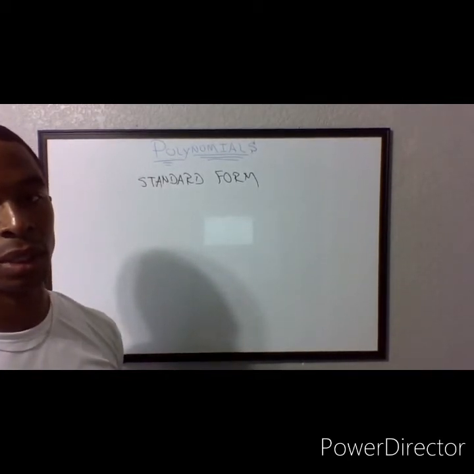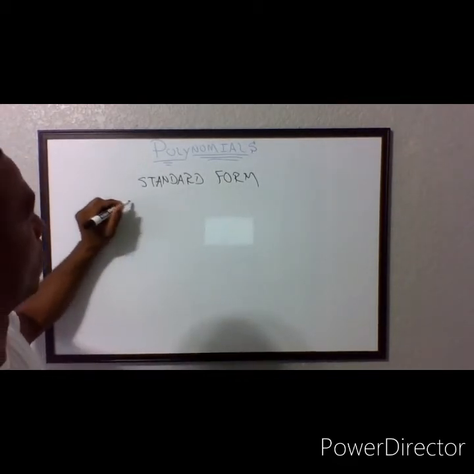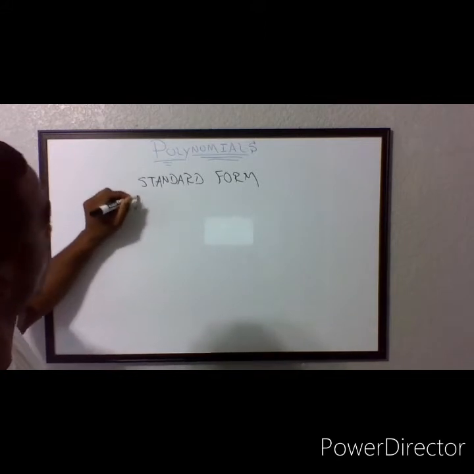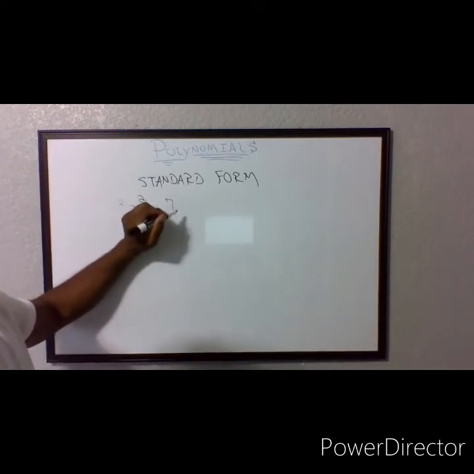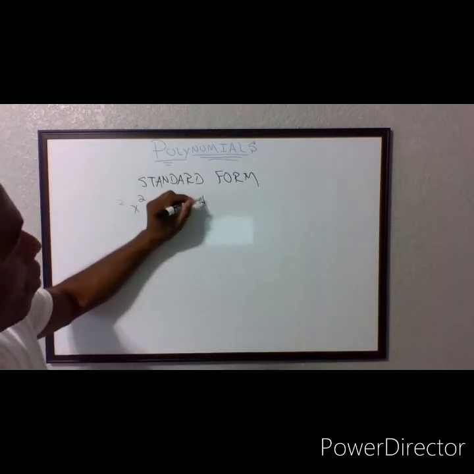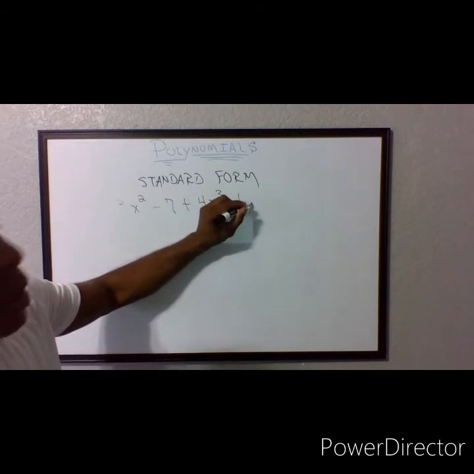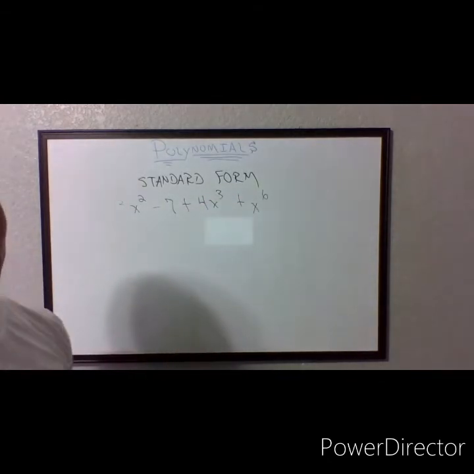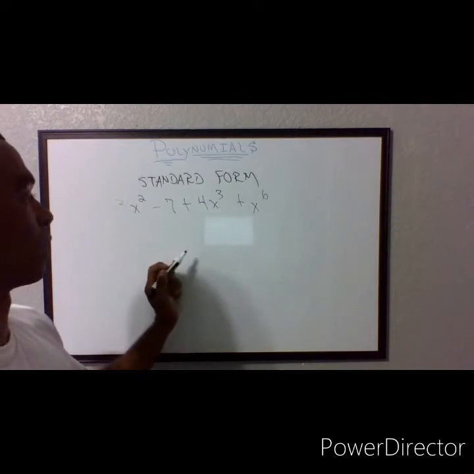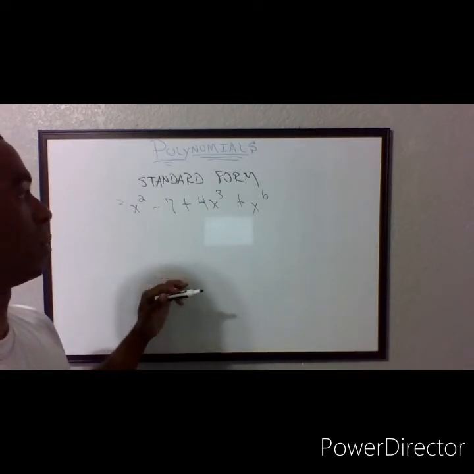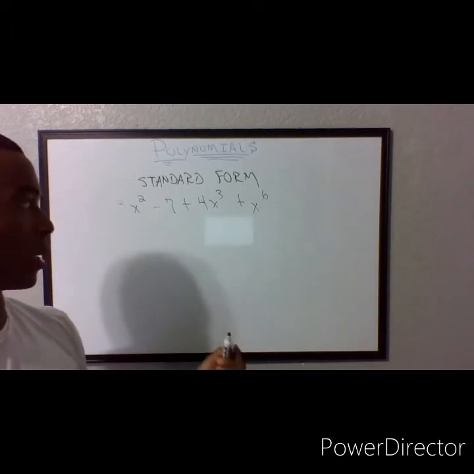For example, say we have the equation 3x squared minus 7 plus 4x cubed plus x to the 6th. The way we write this in standard form is we order the terms from the highest degree to the lowest degree, and then of course the constant.